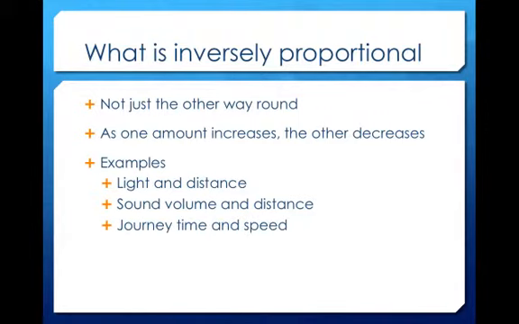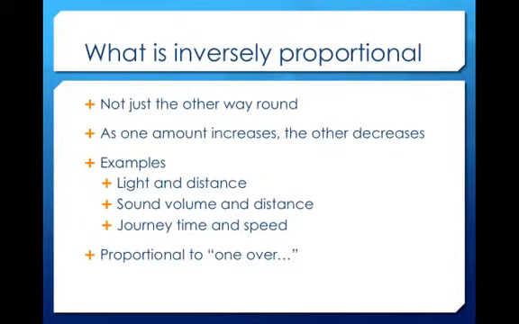And finally, this one is often the easiest to understand, is journey time and speed, because the faster you're travelling, the shorter it's going to take, the less time it's going to take to complete a journey. So there's some examples that they use in exam questions, and as you can see, each time as one of the things increases, the other one's going to decrease.